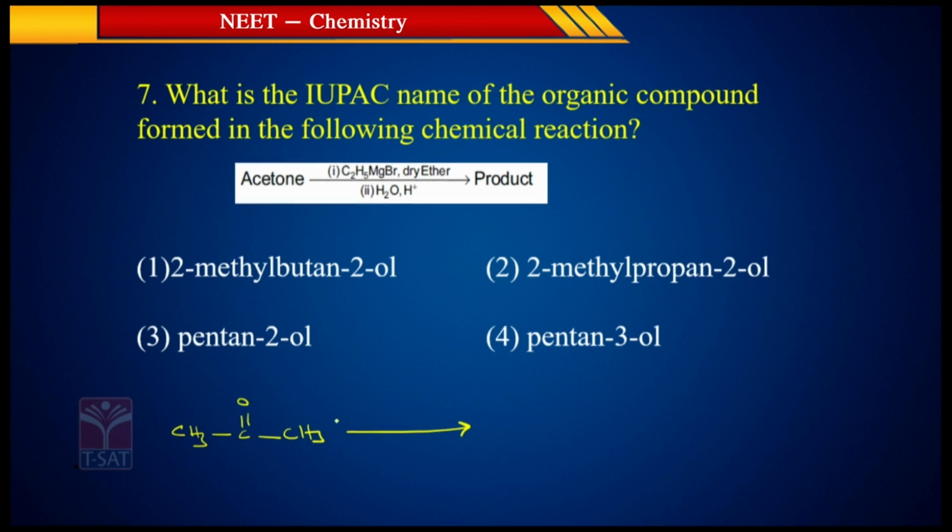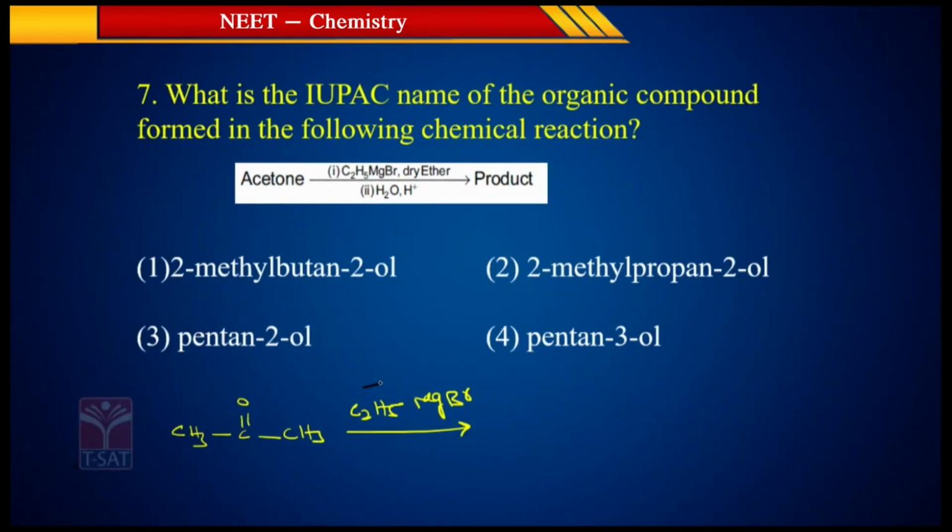This is a Grignard reagent. C2H5MgBr in dry ether is a Grignard. So, how can you break the Grignard reagent? Tell me. It will be C2H5 minus, Mg plus 2 Br minus.